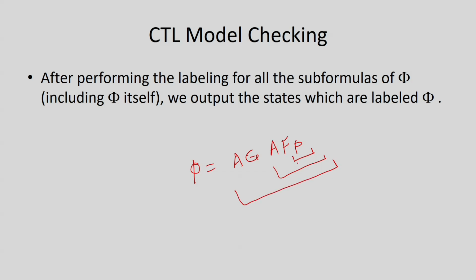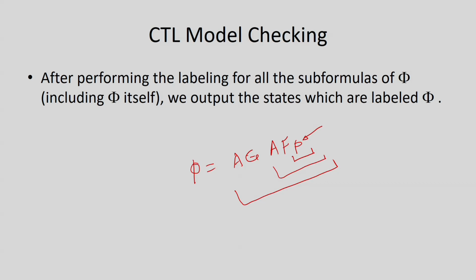If we know the truth values of those subformulas, then only can we find the truth values of the given formula phi. In this case, P is an atomic proposition, so we know the set of states where P is true from our labeling function, because our model has a labeling function. After completion of this model checking algorithm, it gives me the set of states where this formula phi is true.